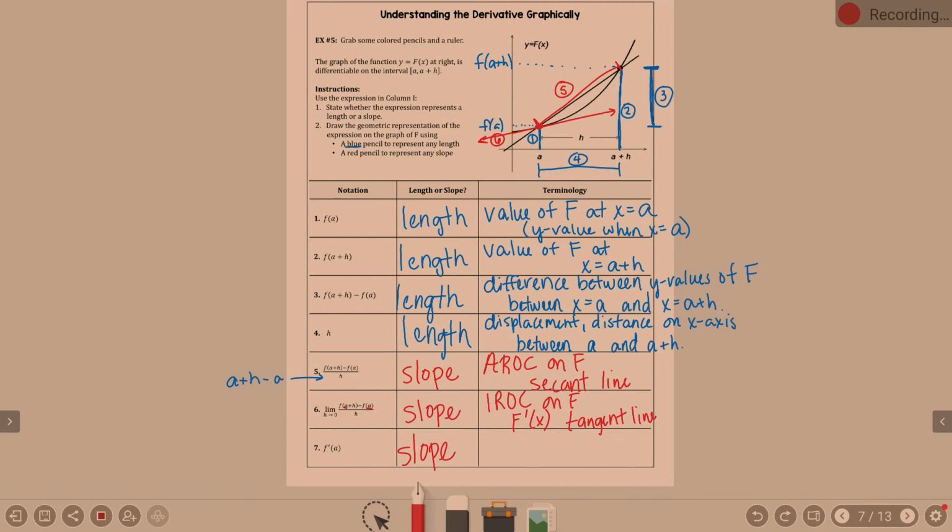The slope where? Slope of the tangent line at point A. Didn't we just do that? This is just another way to express number 6. F prime of A is derivative. This is the definition of derivative. So I'm actually just going to write the same as number 6.